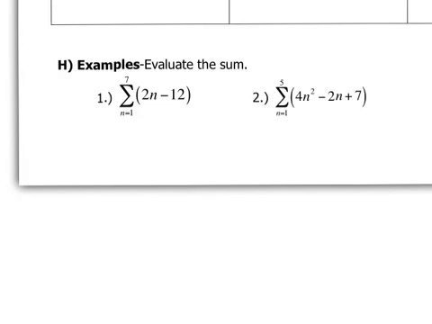So I'm going to start by rewriting this as the sum of 2n from 1 to 7 minus the sum of 12 from 1 to 7, splitting them up into separate summations.